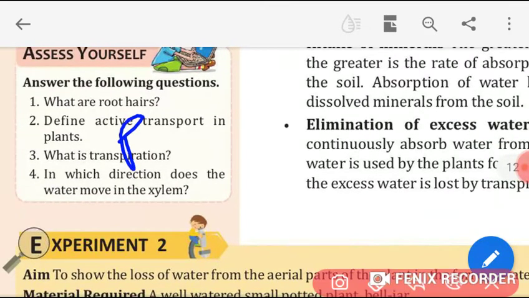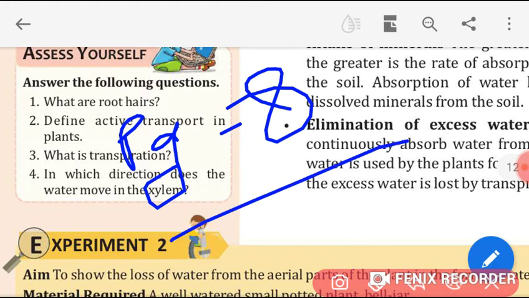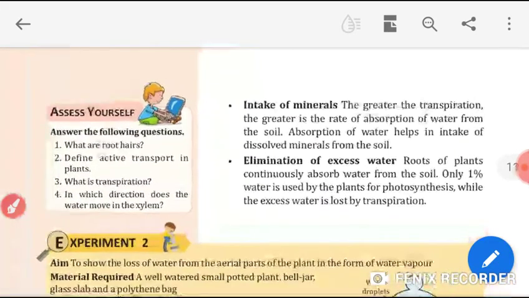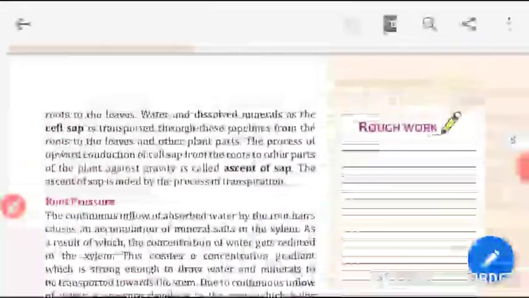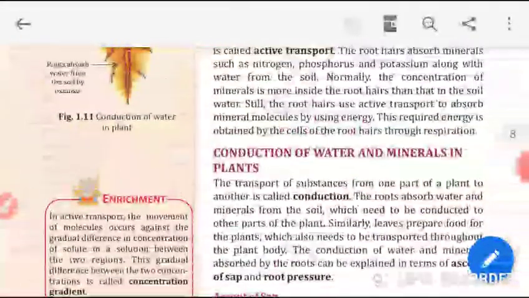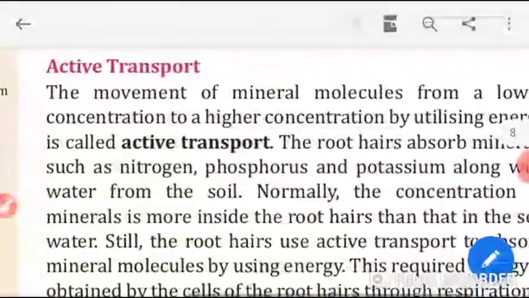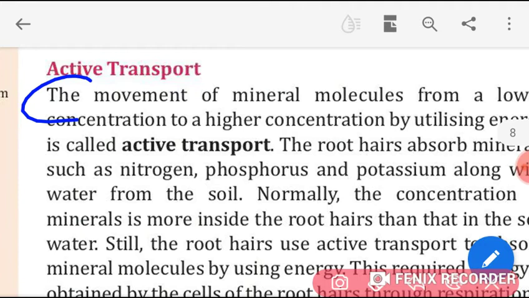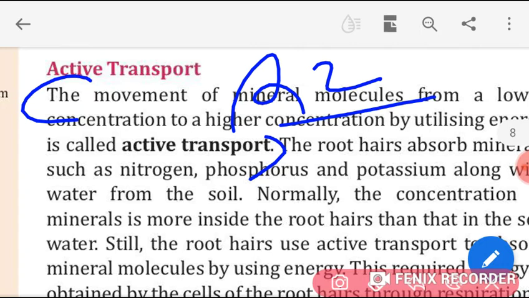This answer you will get on page number 8. Active transport topic, first line. The movement of mineral molecules from a lower concentration to higher concentration by utilizing energy is called active transport. This is your answer number 2 of Assess Yourself.